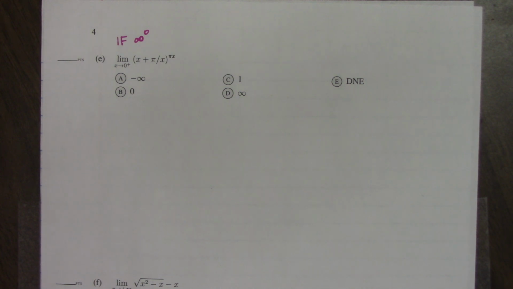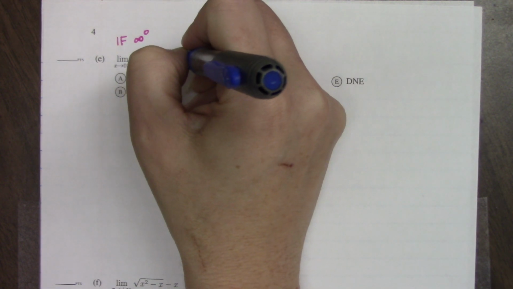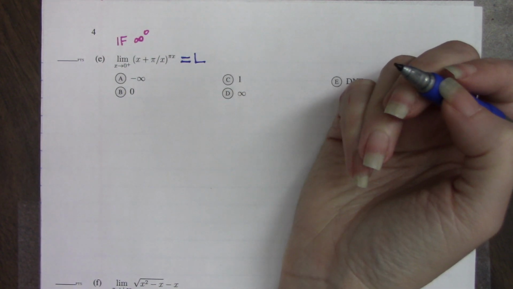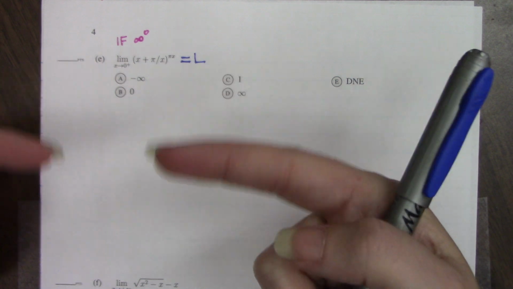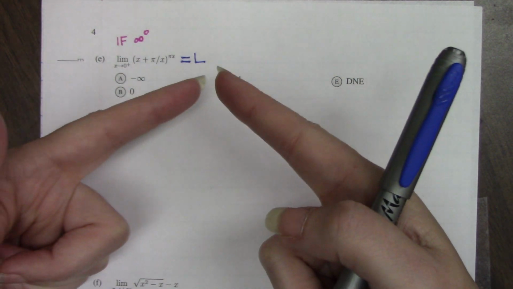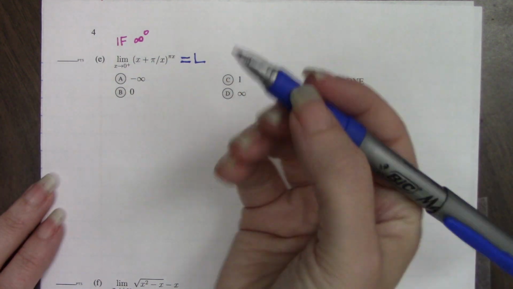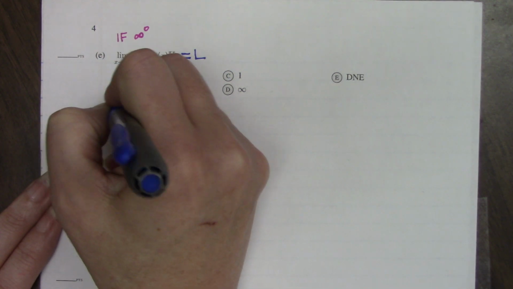To make this a little easier, let's let this limit be some unknown value L. What this does for me is it creates two sides to an equation, so any algebra moves I make, my ultimate goal is to figure out what this L is. So I'm going to take the natural log of both sides.